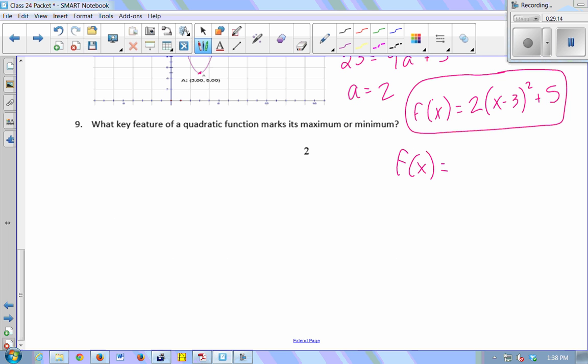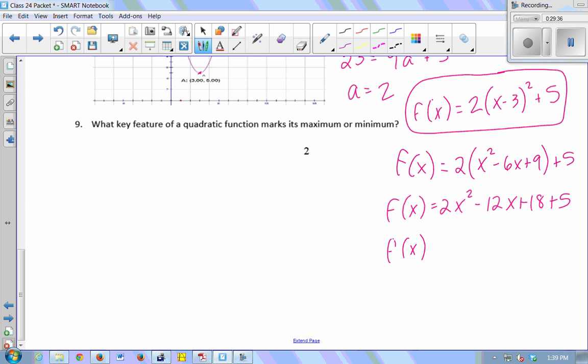Yep. Square, distribute, and combine like terms. So it's going to be 2 times x squared minus 6x plus 9 plus 5. I'm just squaring x minus 3, and I distribute my 2: 2x squared minus 12x plus 18 plus 5.